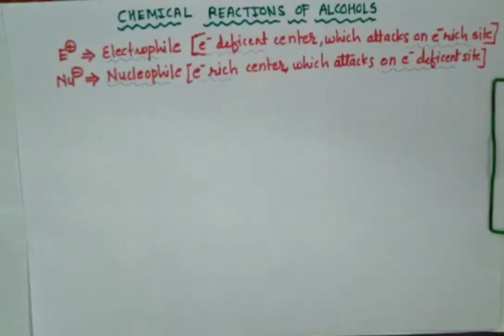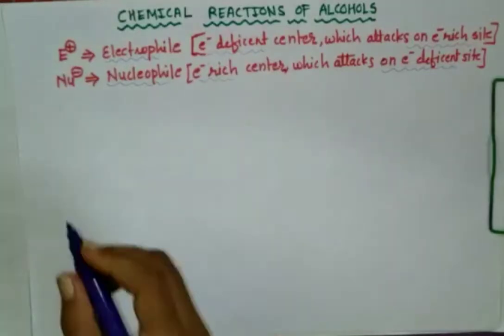So here, the properties of alcohols can be classified into two categories. The first one, which we are going to study here, is reactions involving cleavage of the OH bond.